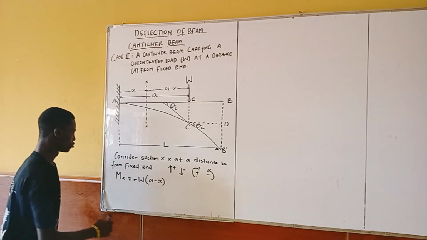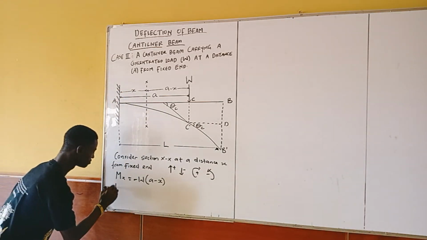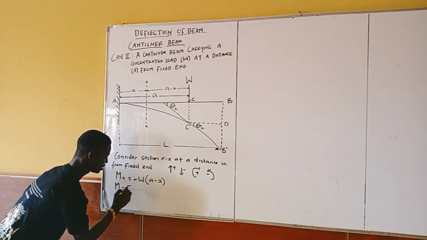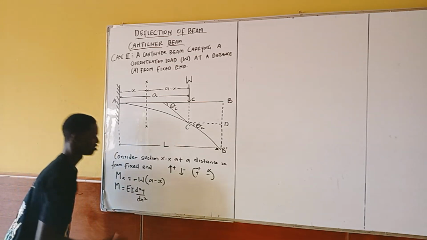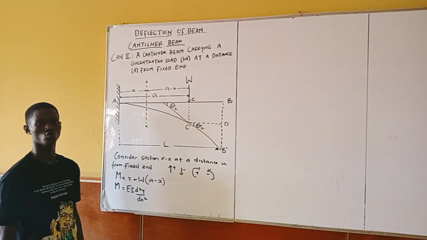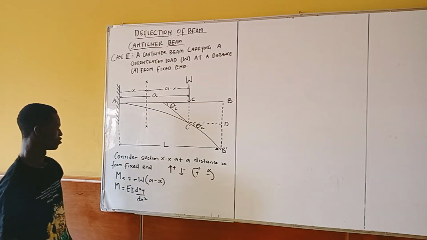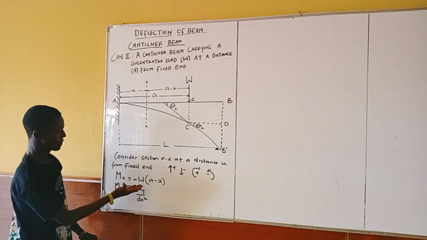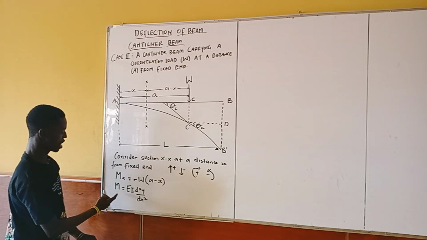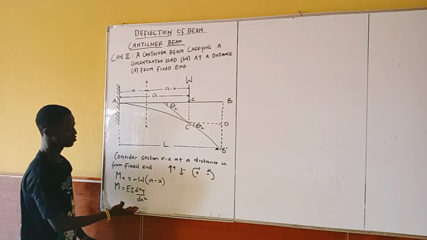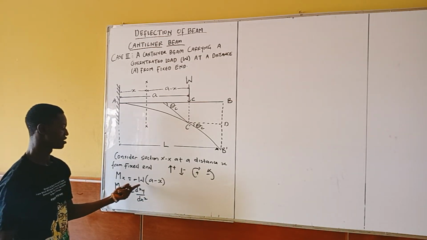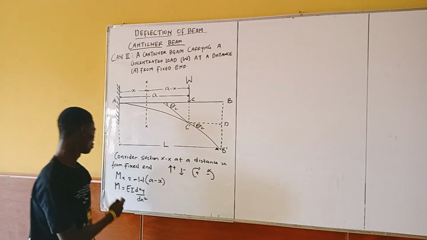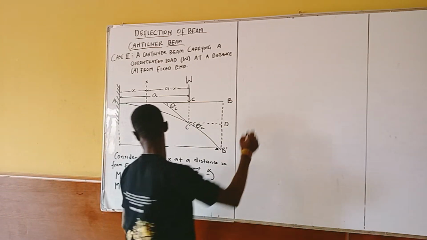But don't forget that we have already established that moment equals EI d²y over dx², from the relationship between slope, deflection, and radius of curvature. Since moment is minus W(A minus x), and moment is also EI d²y over dx², definitely EI d²y over dx² is equal to minus W(A minus x).